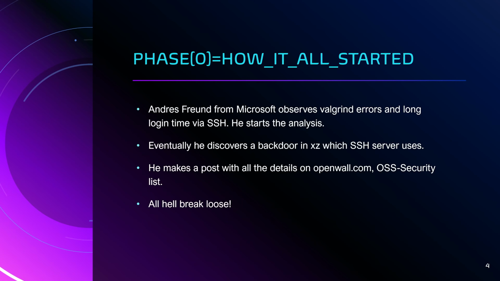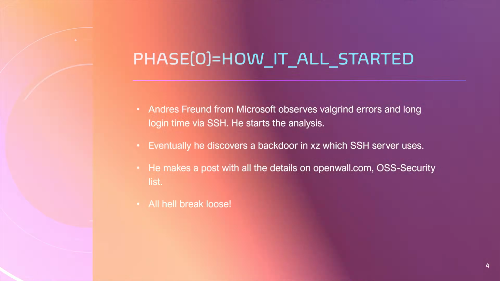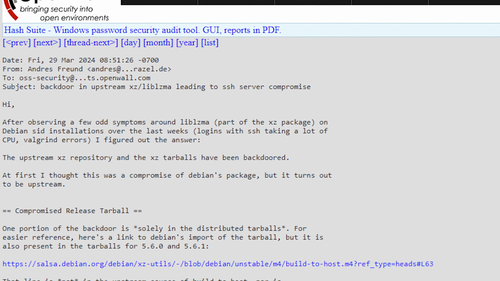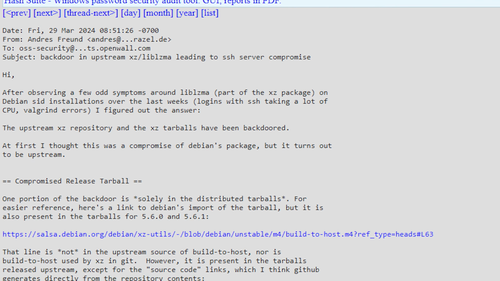It took a long time for him to log into SSH, so he started the analysis. Eventually he discovered the backdoor in XZ, which eventually gets loaded into SSH, and he makes a post on the oss-security, open source software security, list on openwall.com, and then all hell breaks loose, right?